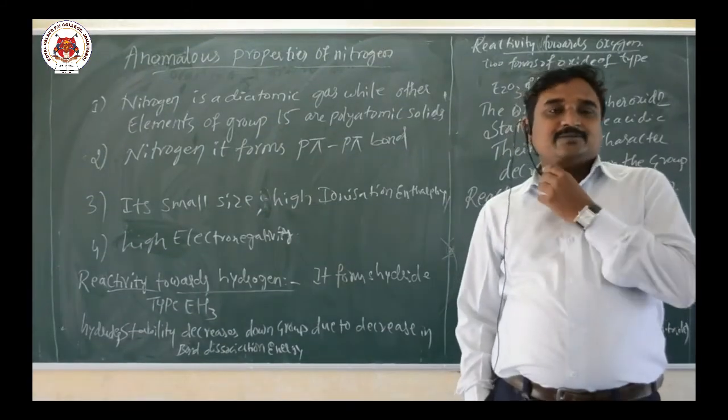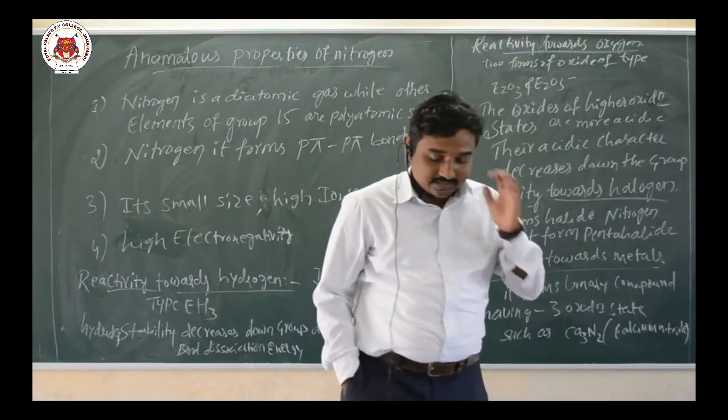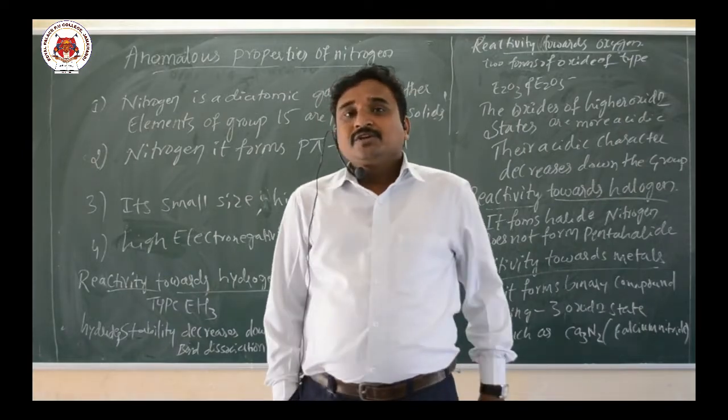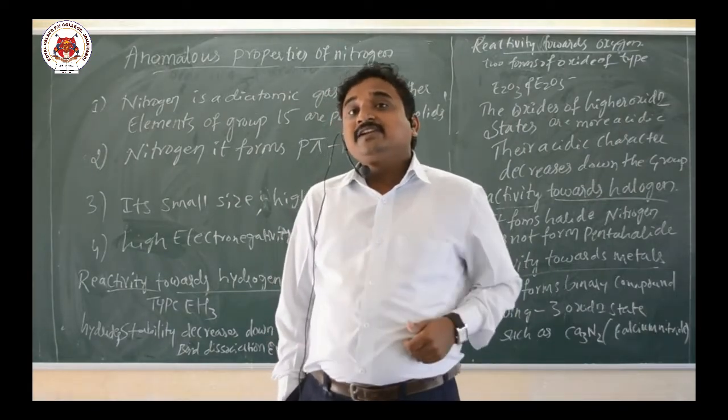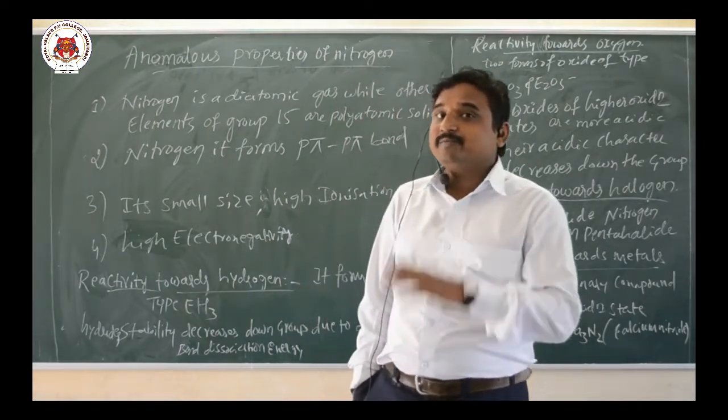Next property: anomalous properties of nitrogen. The anomalous properties of nitrogen are the properties which are different from the properties of the other elements present in group 15.